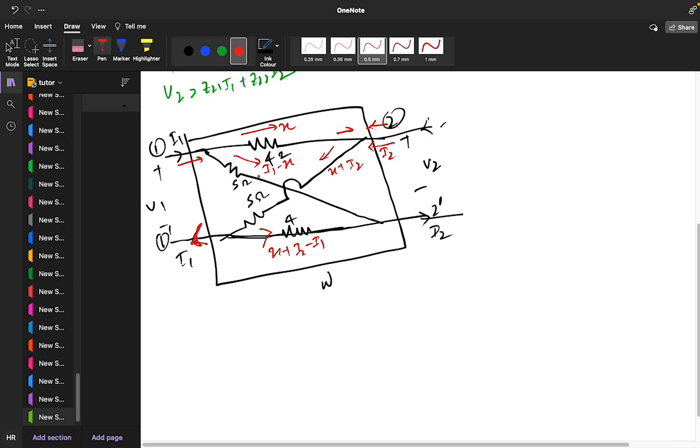Here the same current is coming, I1 minus X plus X plus I2 minus I1, you will get I2. So the KCL we applied is correct. Okay, now what do you have to do to solve this two port network?